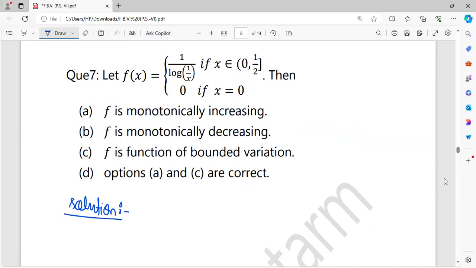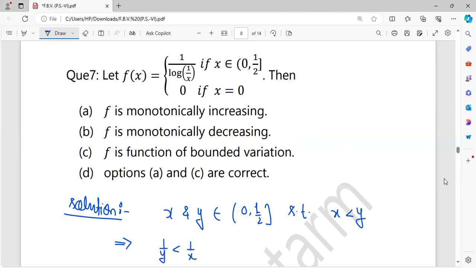So if we have x and y belonging to the closed interval 0 to 1 by 2 such that x is less than y, then what will happen? Then this will imply 1 upon y will be less than 1 upon x.